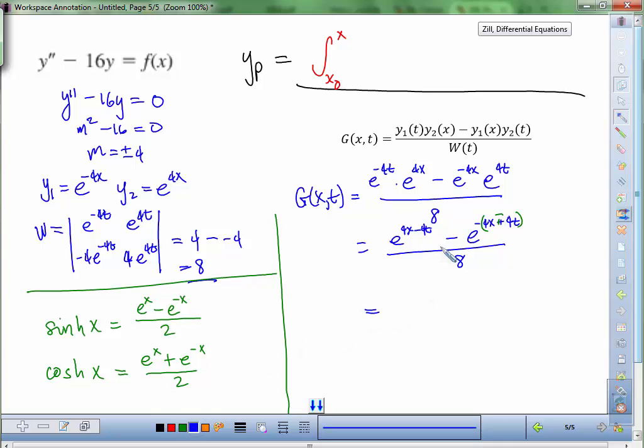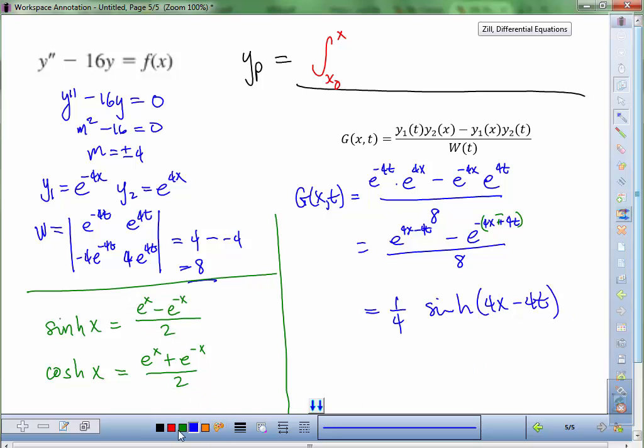And 8 is 4 times 2, so we'll take out a 1/4, and now this is divided by 2. So we have one fourth times the hyperbolic sine of 4x minus 4t. It's a little easier to write than having that big mess.